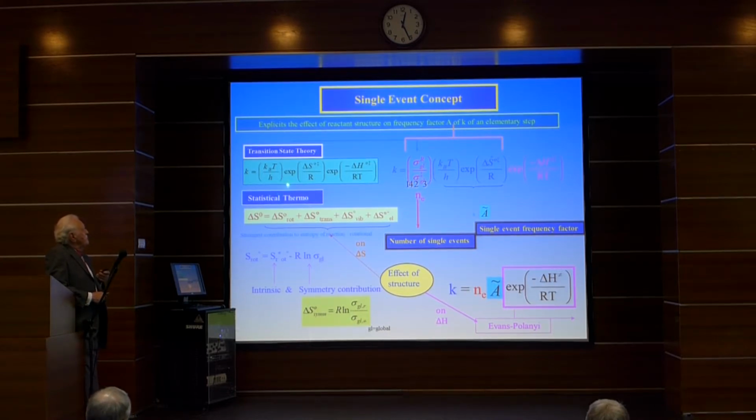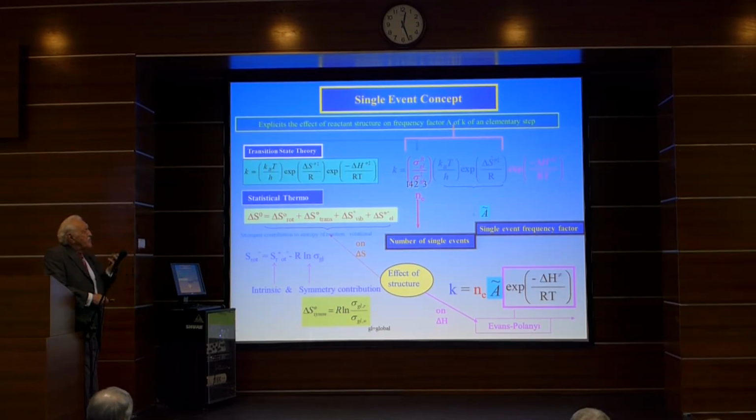What we do now, knowing this, is extract that out of the entropy contribution to the rate coefficient. And this effect of symmetry extracted out of the entropy is this ratio of symmetry numbers, and I have called that the number of single events.